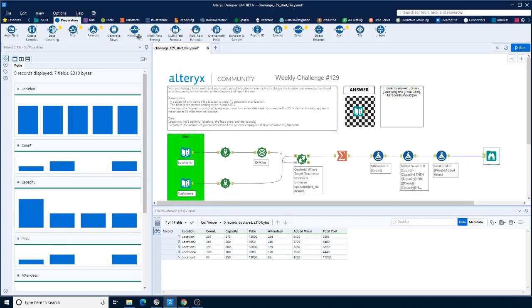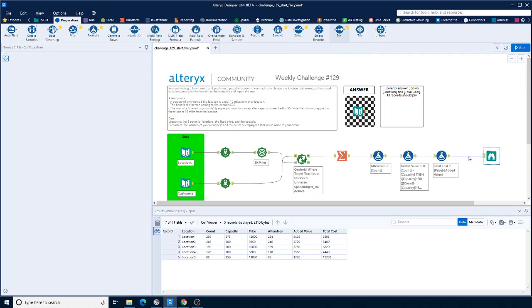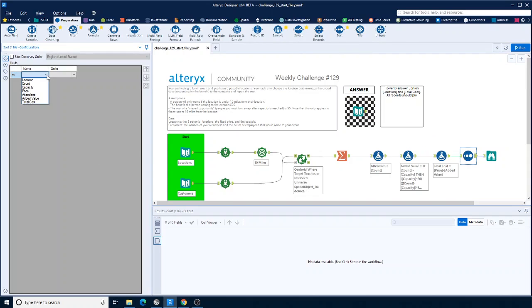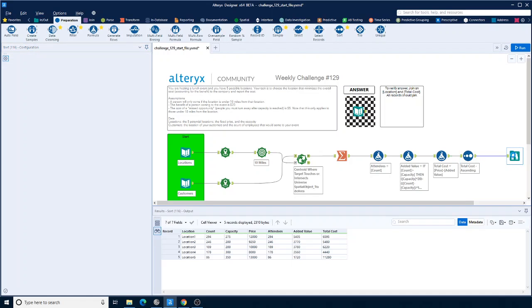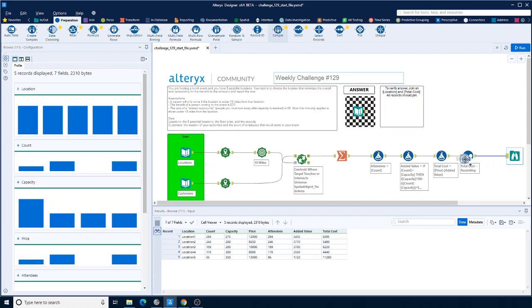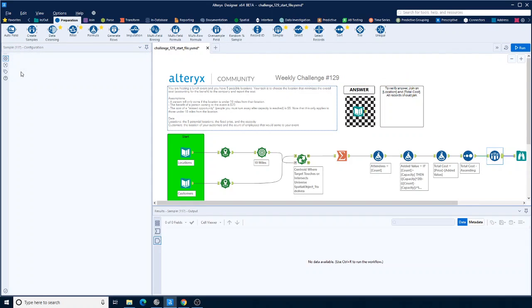So let's just sort that and just take the first row. So we want the total cost ascending, we want the lowest, and then we just sample the first row, the first one row.